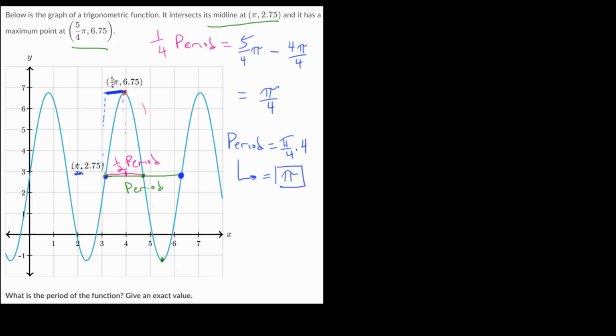And if we take pi and add pi to that, this should be at an x value of 2 pi. It would still have that same y value of the midline, which is 2.75. And we can see that that's roughly true, since twice pi is roughly 6.28 units. And since this can be confirmed with the picture, we can feel fairly confident that this is indeed the correct value for the period.